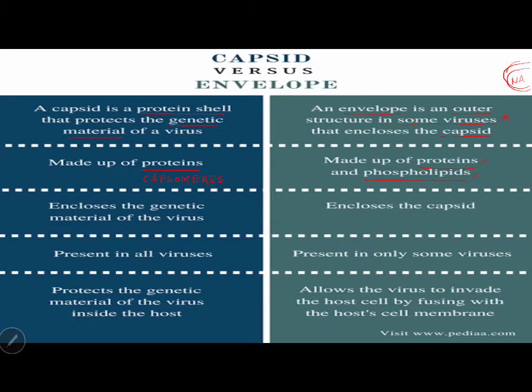The units with which envelope is made is called as peplomeres. The differences does not show this point, so I thought I will highlight this. The structures with which a capsid is made is capsomeres. The structures with which the envelope is made is called as peplomeres.